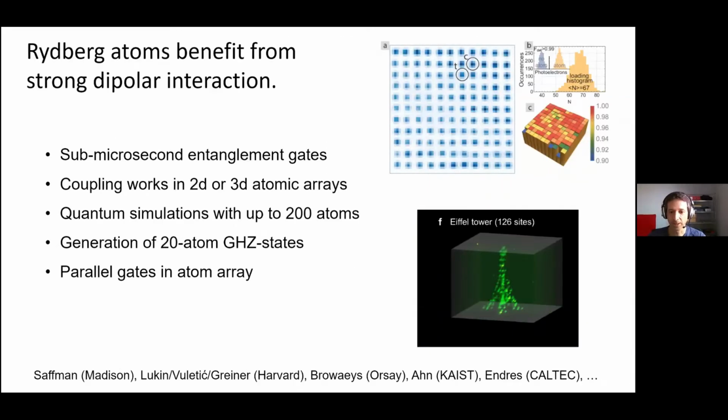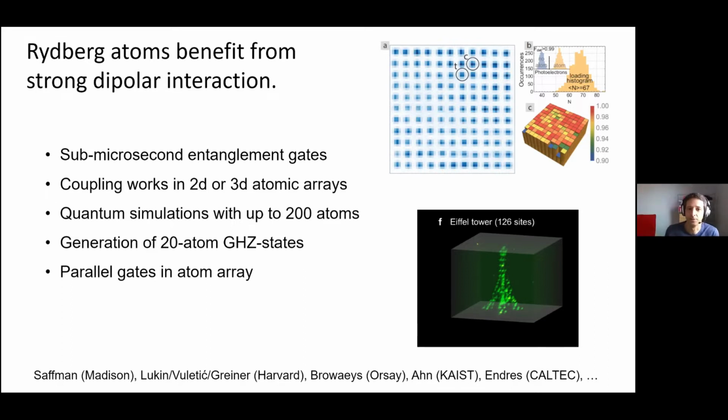From Rydberg atoms, you have probably already heard a bit how the dipolar Rydberg interaction works from Tim and Paul's presentation. And I think Vlad Vuletic next week will also talk a bit more about entanglement operations in individual trapped atoms. They can also perform sub-microsecond entanglement gates via the Rydberg interaction.